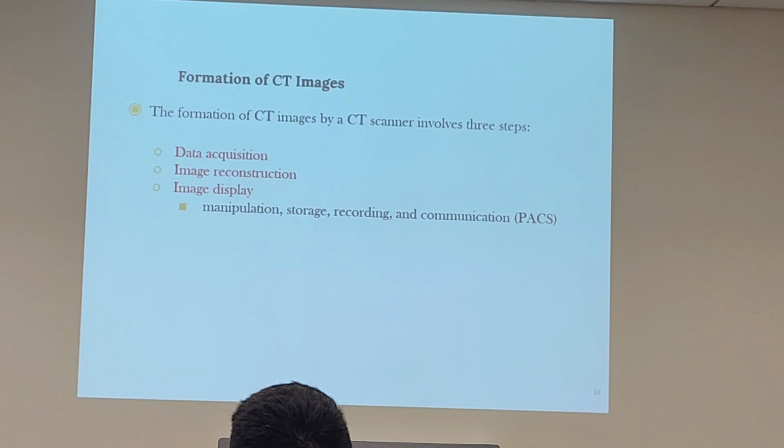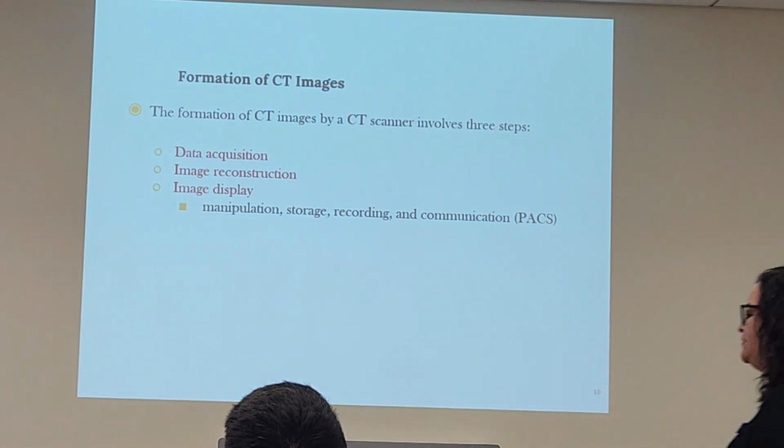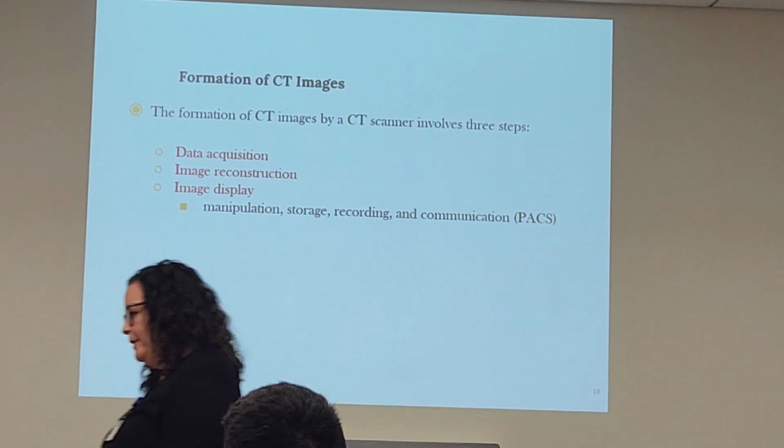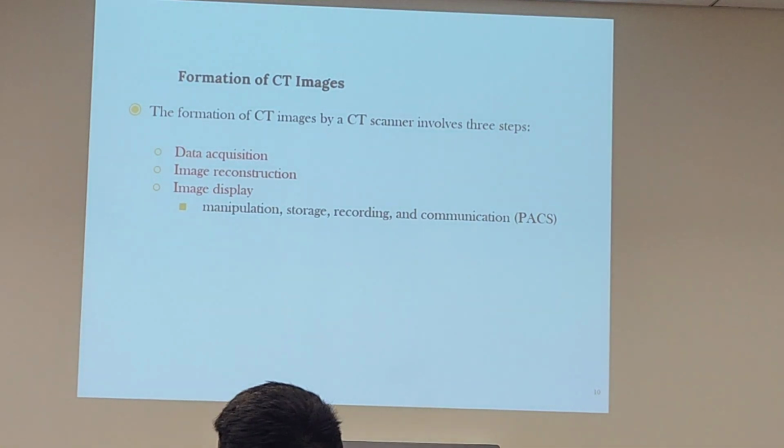So tell me, what happens here in data acquisition? Romer, you're up. What is data acquisition? You see 3 steps there, right? Okay, so tell me what happens in data acquisition. So the raw images get taken in the X-ray, and the image gets detected. That's the first step.